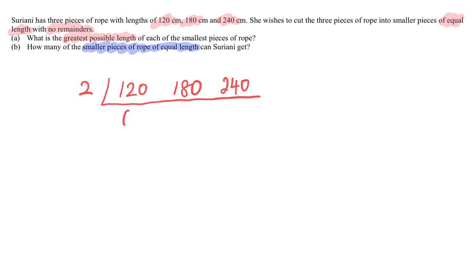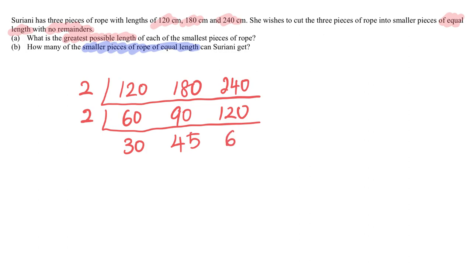2, that will give me 60, 90, 120. I still can divide all of them by 2. That will give me 30, 45, and 60.